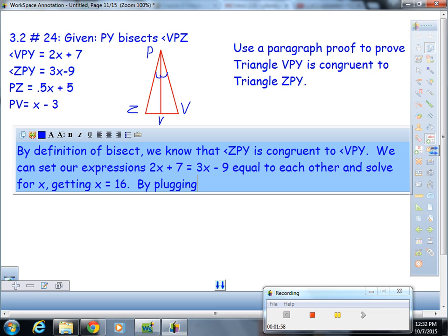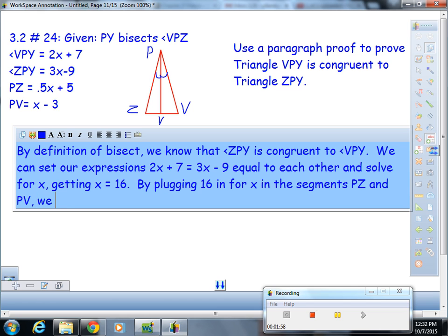By plugging 16 in for x in the segments PZ and PV, we obtain that PZ equals 0.5 times 8 plus 5. That's half of 8 is 4, which equals 9.